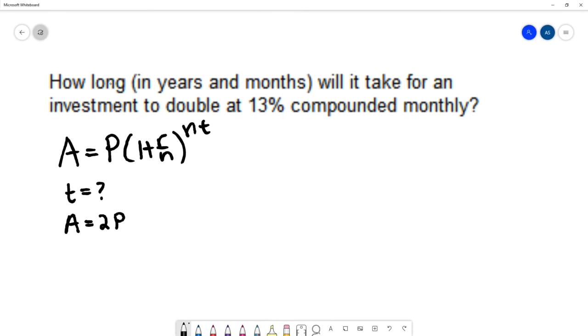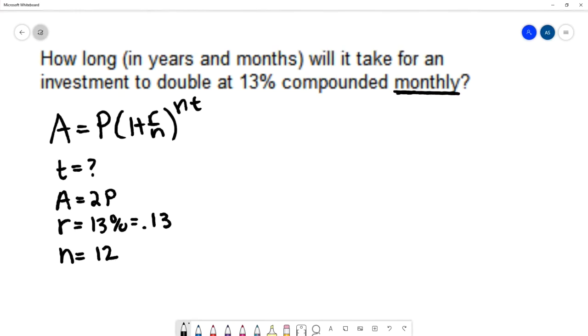And that is at an interest rate of 13%, which we're going to use the decimal version of, 0.13. And because interest is compounded monthly, the value of N is how often interest is added into the account. It's going to be 12 for monthly.